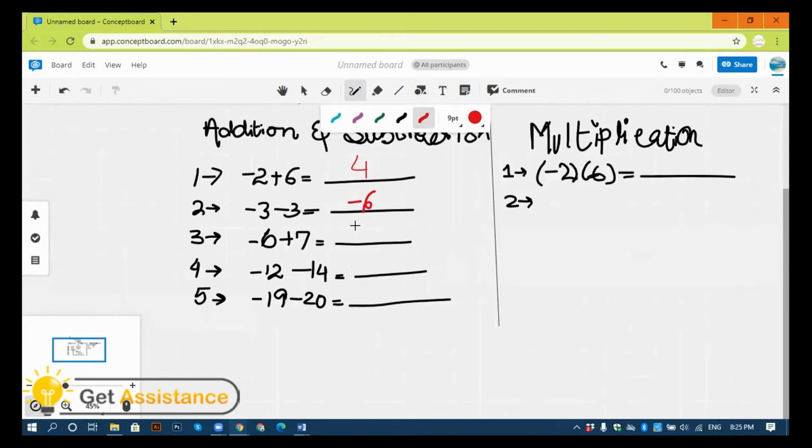The third one is 1. Good. The fourth one is 26. Okay, good. The fifth one is 39. 39. Okay, 20 plus 10 is 30 plus 9 is 39.